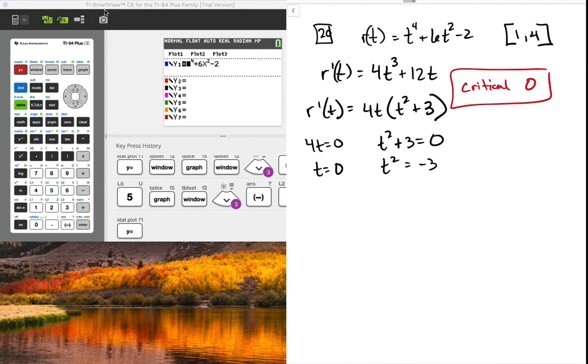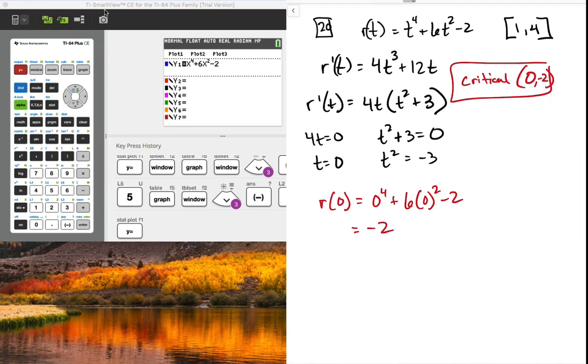And now I want to find out if that's the x, what's my y going to be? So I need to plug it into my original equation. So it's going to be 0 to the fourth plus 6 times 0 squared minus 2. So that's going to be minus 2. So my critical point is at 0, negative 2.